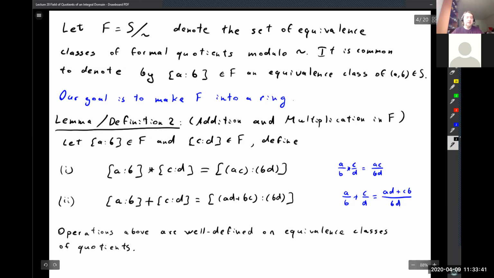Namely that, what is the square brackets of A over B? That's an entire equivalence class of quotients, right? Which are equivalent to A over B. And what we need to prove is that no matter which representative we take on the left-hand side for the equivalence classes of quotients, we always get the same result on the right-hand side. So any questions so far before we start with the proof?